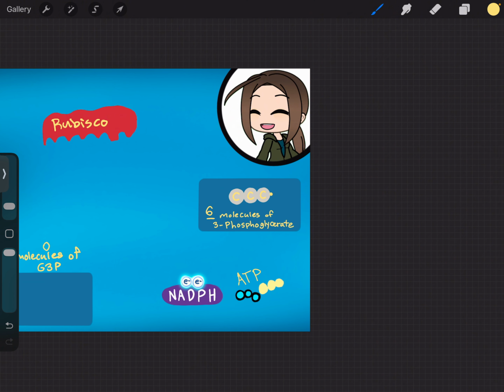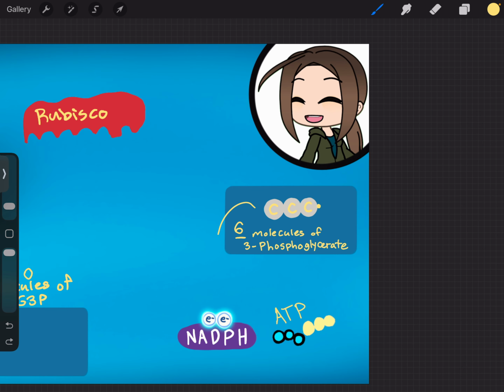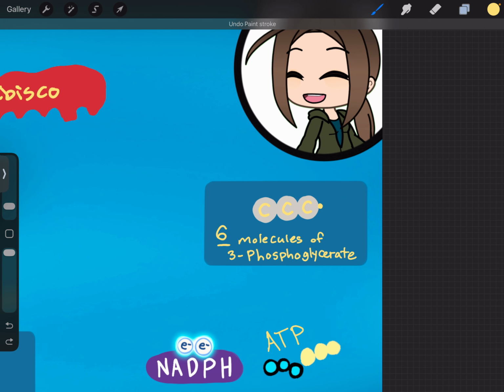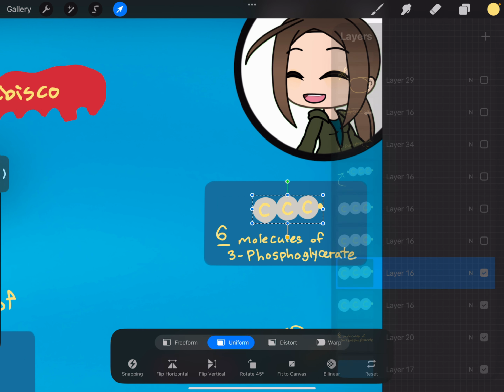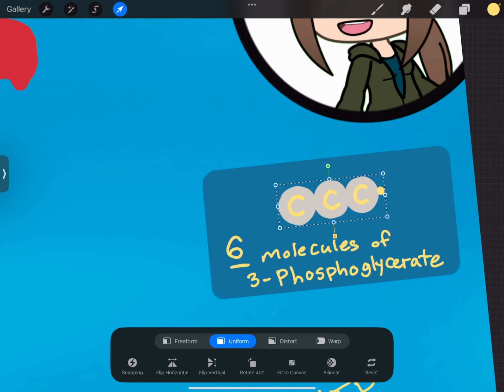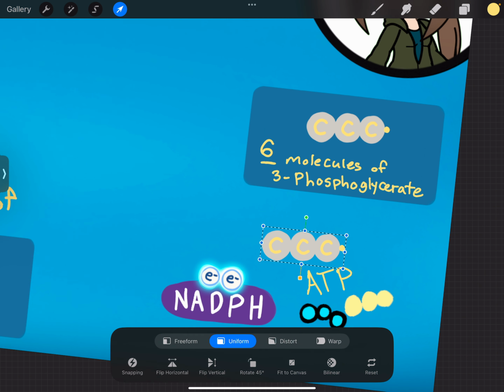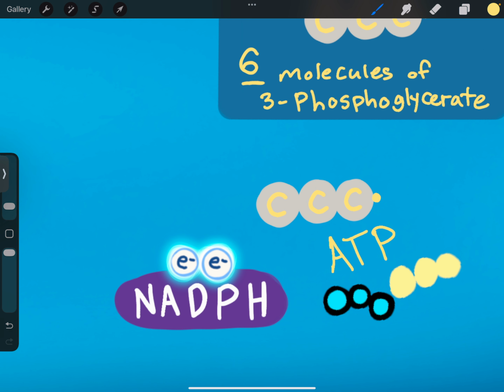Okay? And so, first, starting here, each molecule of 3-PGA right here, you can see we have 6 molecules from the carbon fixation cycle, and each molecule here receives a phosphate group from ATP. So let's give it that.